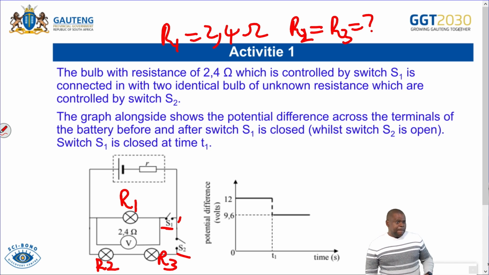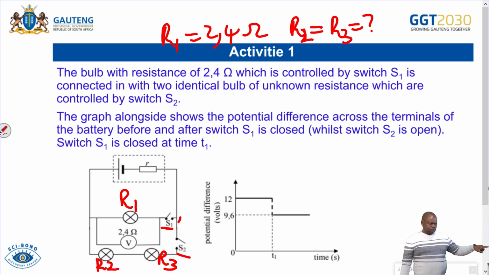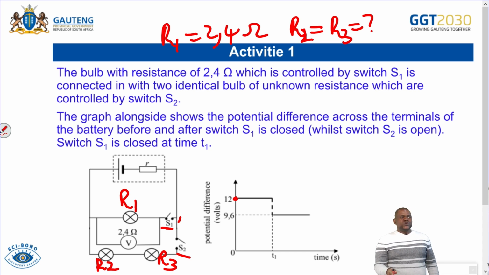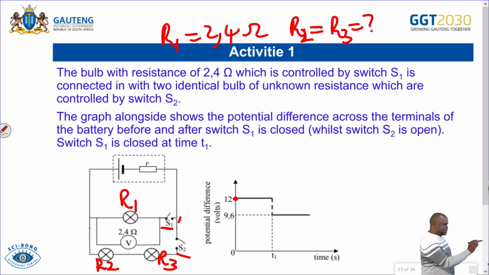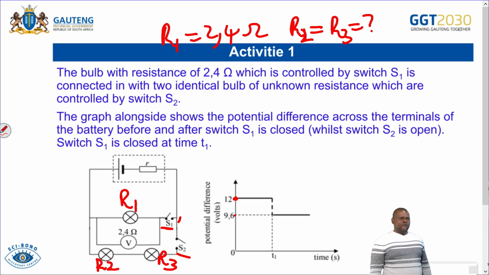That means before we close switch 1, this is the potential difference. Can you see? It's 12 volts. Then after we closed switch 1, this is our potential difference. It is 9.6 volts. Can you see now? Yes. Now, let's go on.